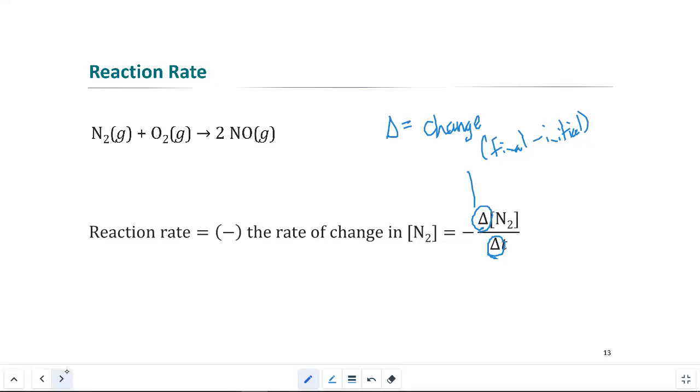But what we are looking at is the change in the concentration of nitrogen compared to the change in the time. And from a calculation standpoint, all we would need are the data at two given points to give us that reaction rate.